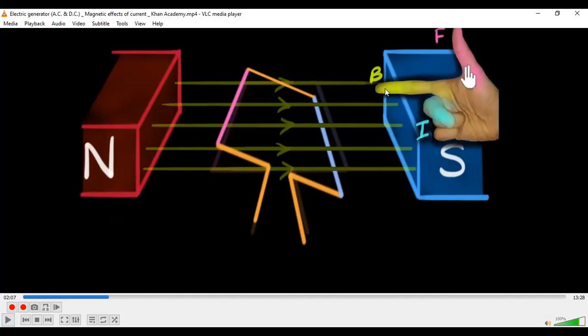So this yellow finger shows the flux density, that is our forefinger, and the middle finger represents the direction of EMF and hence the current. Is it clear? So you have to take your right hand and stretch out your thumb, forefinger and middle finger. Is it clear? So see here the direction of rotation, direction of magnetic field and direction of the current. Now we will apply it here.